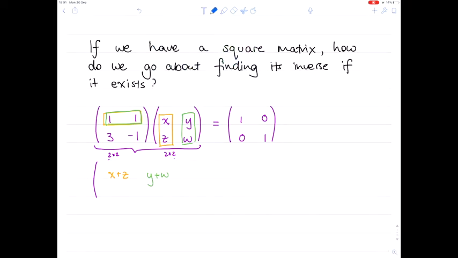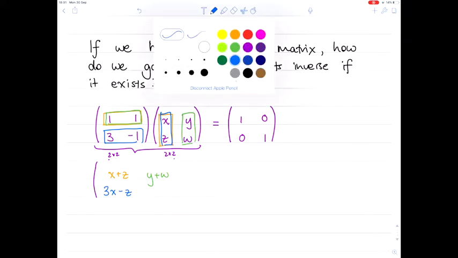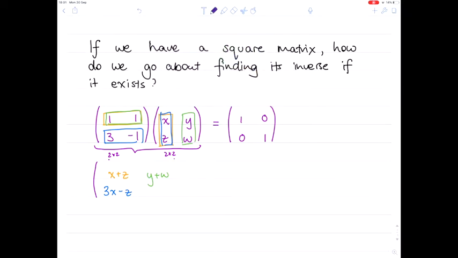And then we're going to have second row times first column, so that's going to give us 3x minus z. And then finally we're going to have second row times second column, which is going to give us 3y minus w.